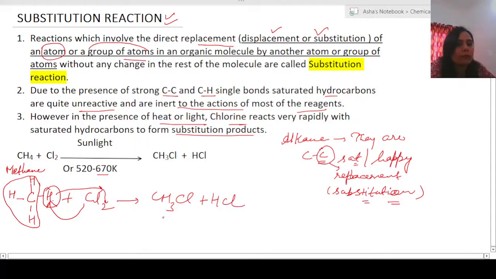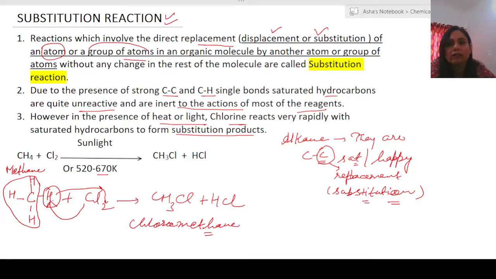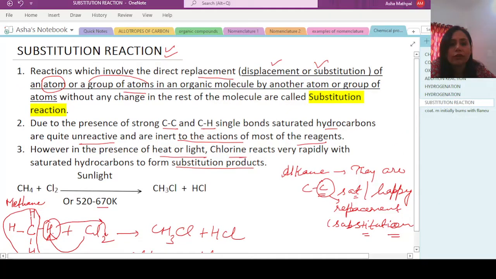So its name is chloromethane. Chloro is used as a prefix, and CH3 is a single carbon compound, so it is methane. So it is chloromethane.